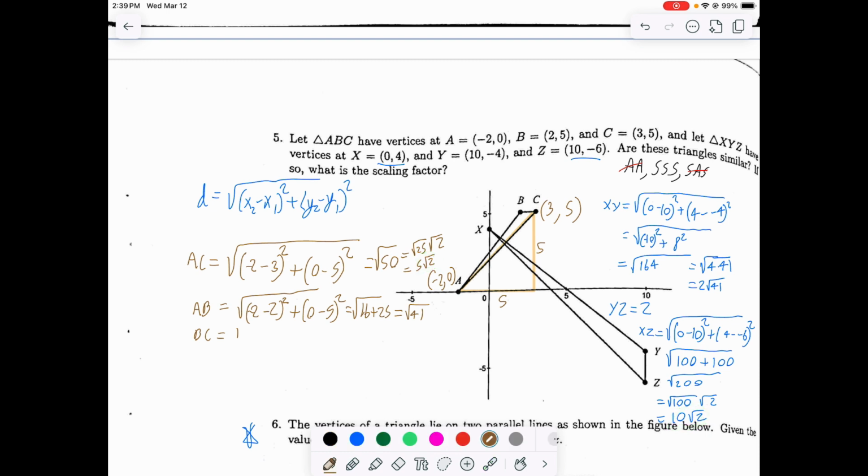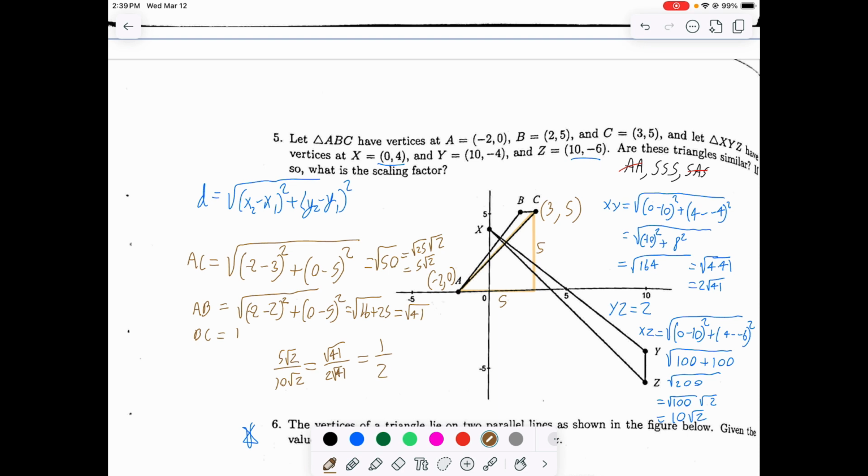Take a quick look at this. We've got 5 root 2 over 10 root 2. That's the same thing as root 41 over 2 root 41, I did that backwards, sorry. And that's also equal to 1 divided by 2.